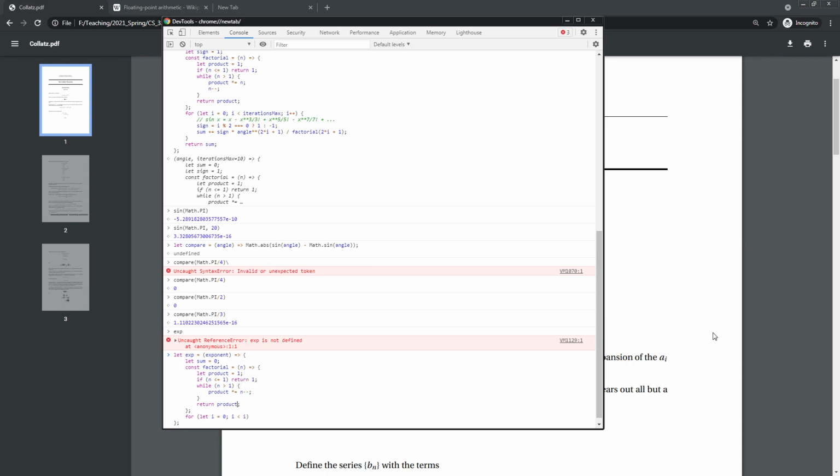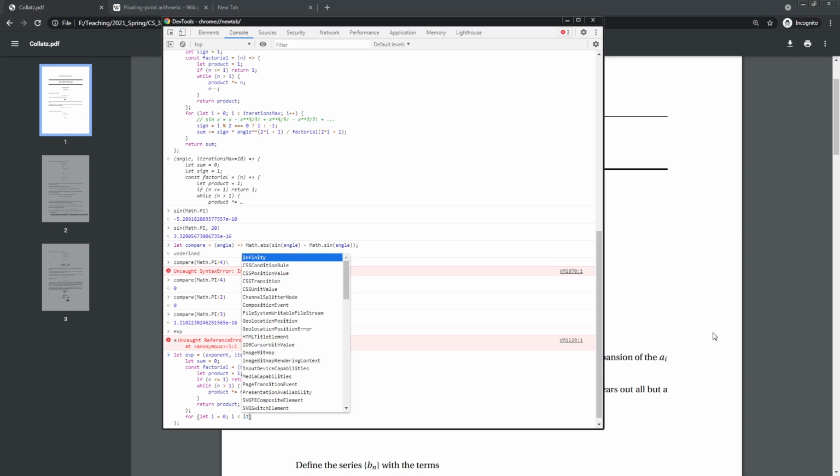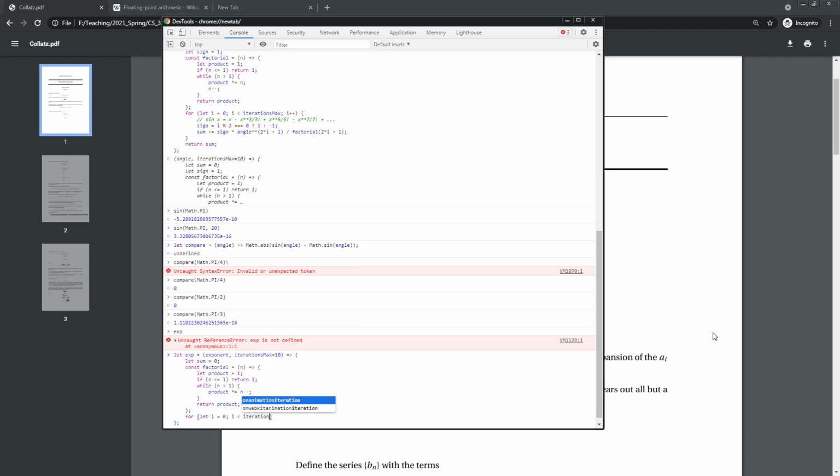We can do iterations max again. I guess that's fine. It's a good convention because it's a default variable. So even if you don't feel like specifying it, it defaults to a value for you. But if you find that you have a lot of error, then you can go back and increase the number of terms to see if that'll improve it.